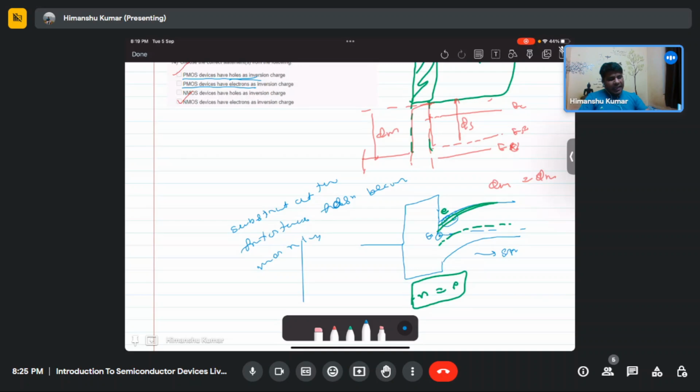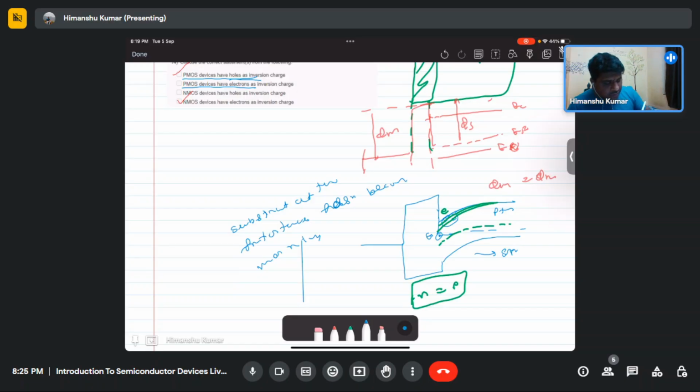So in the NMOS, the substrate is p type, and the inversion layer is electrons. So the inversion layers are electrons. Similarly, if you take the substrate as N type, then your inversion carriers are holes. So that is PMOS.